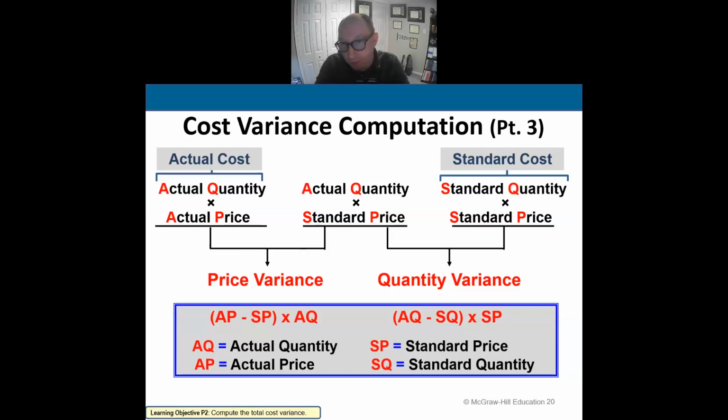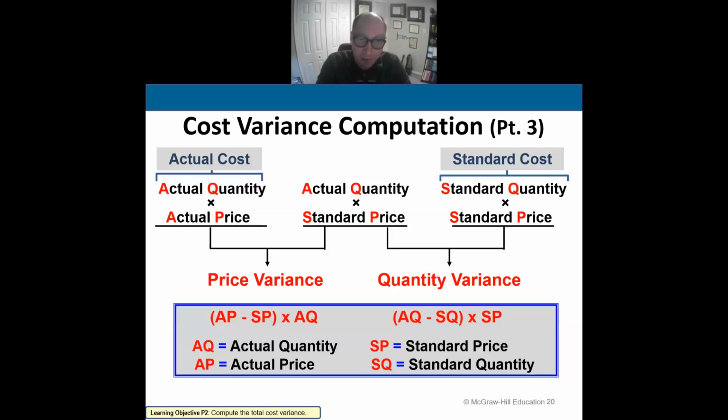It can be broken out this way as well. Actual price minus the standard price, find that first. That's what the little parentheses mean in the PEMDAS, right? We talked about this. The parentheses, it's the order of operations for mathematics.